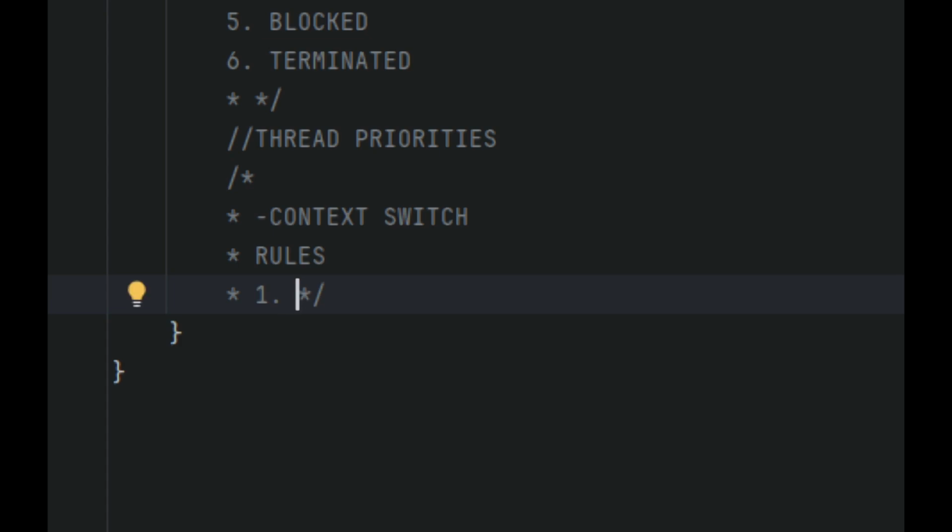They are simple rules, and the first rule is that a thread can voluntarily relinquish control.